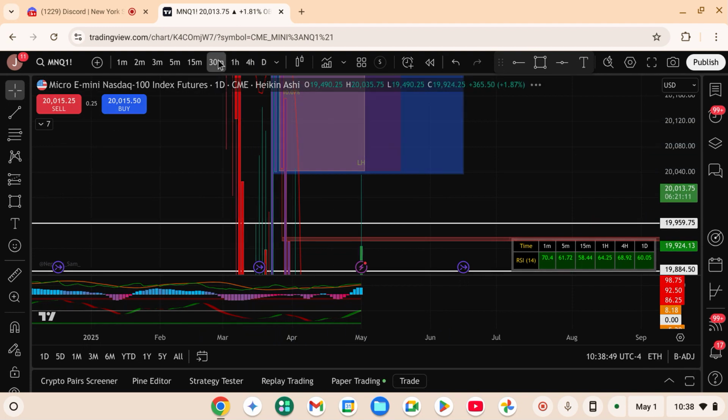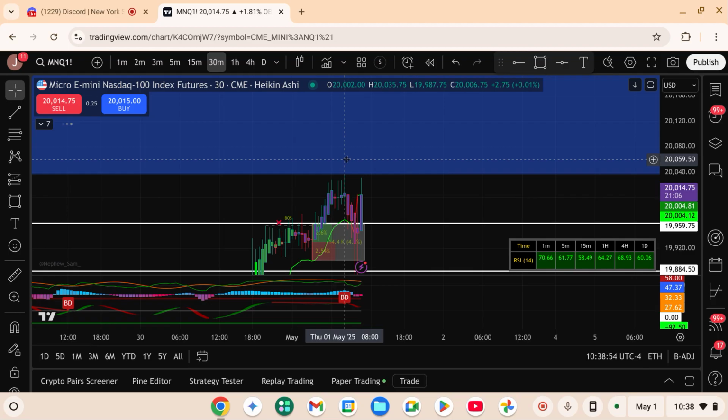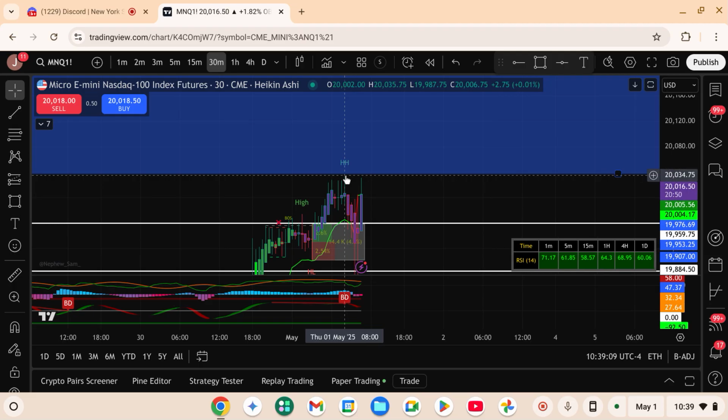So I closed that trade out at 600, like 620. So you made your money back plus two something if you took both trades. So we're still green overall on the day. But it will have to break this higher high right here in order for it to keep going higher.